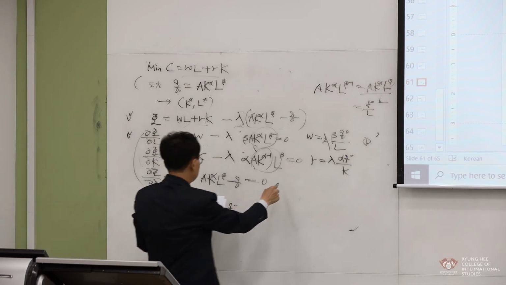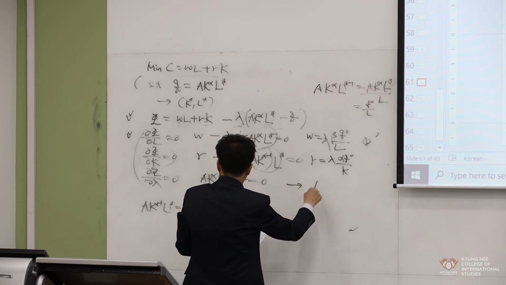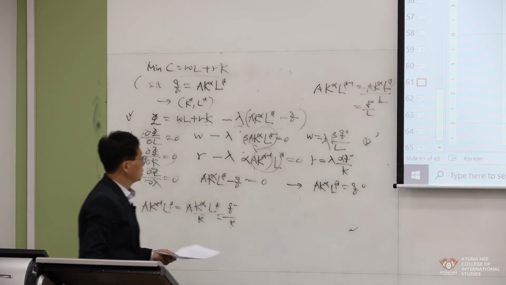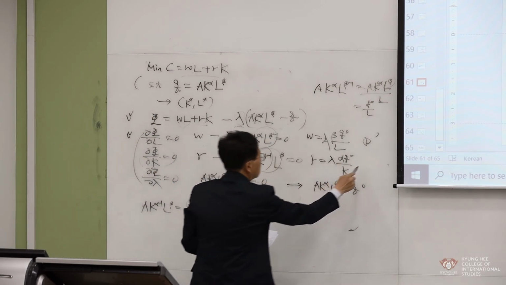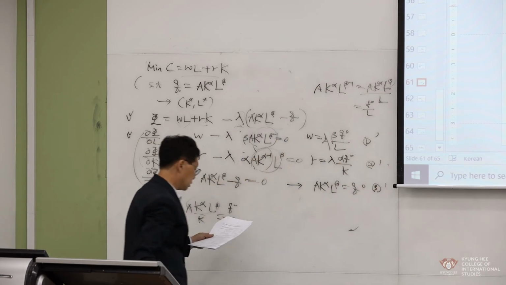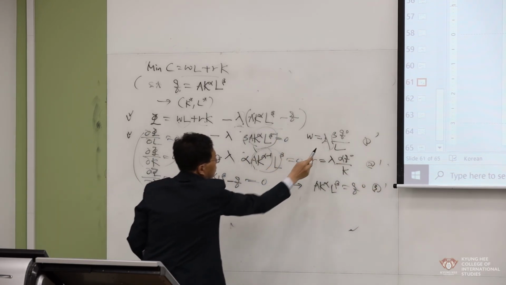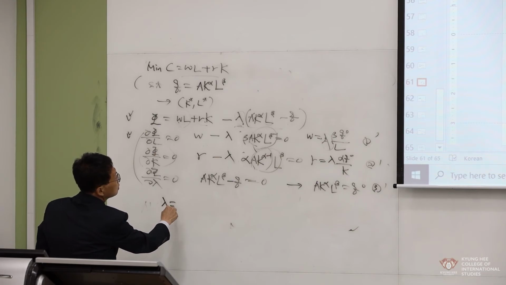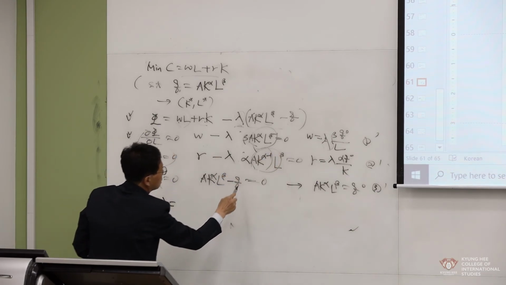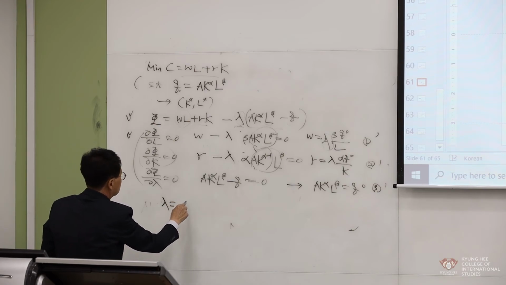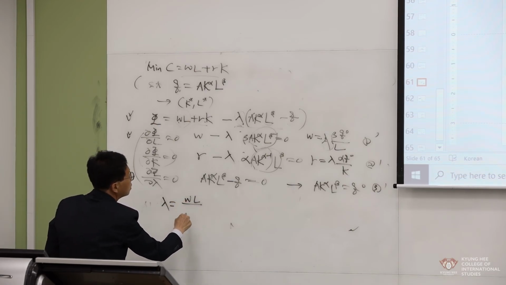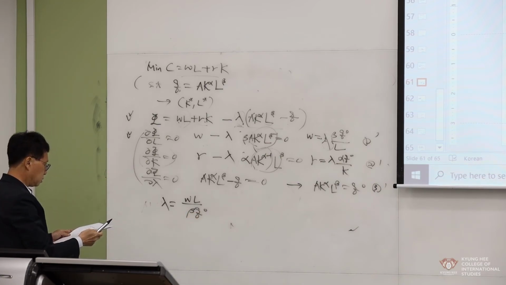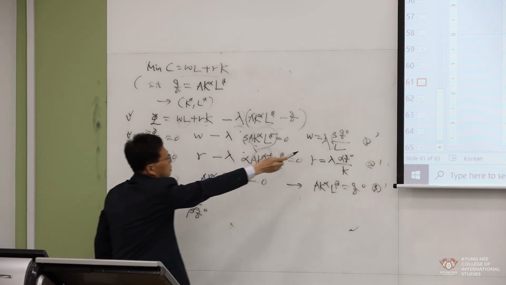And from here, we know A K^α L^β is equal to Q0. That is 2 prime, or 3 prime, for example. From here, we know lambda from 1 prime. Lambda is equal to WL over βQ0, from this one.